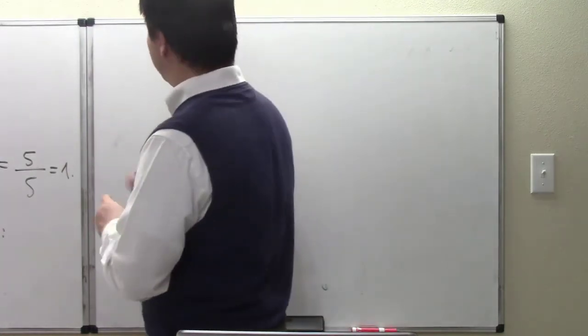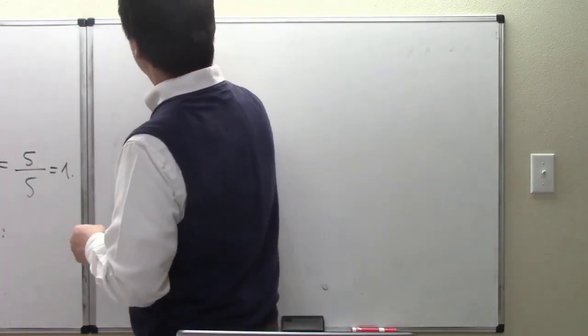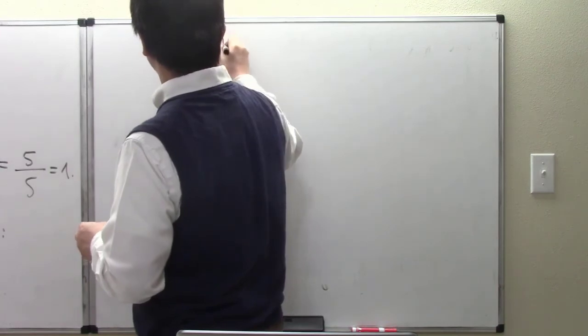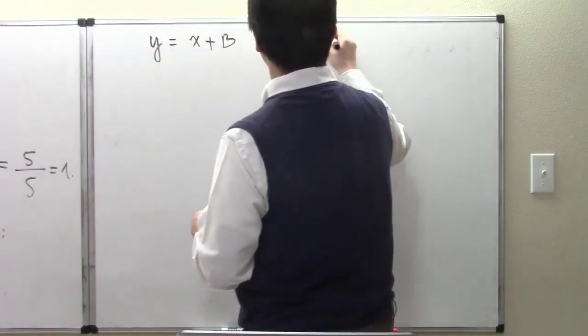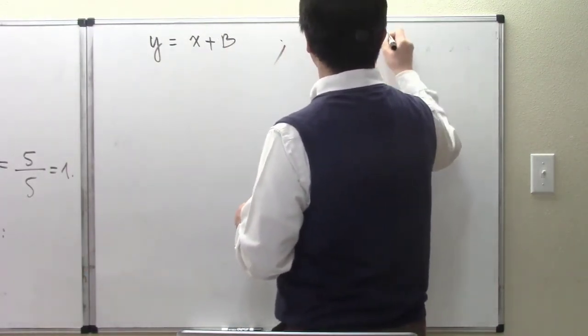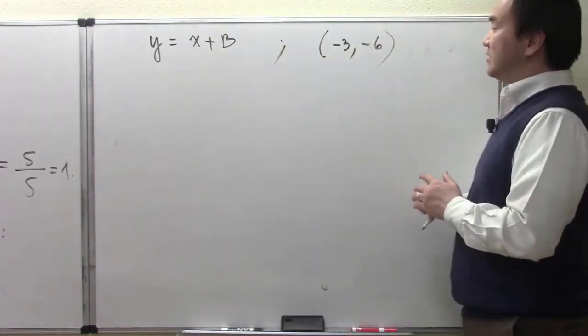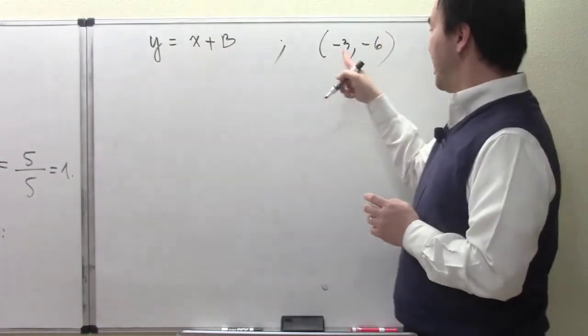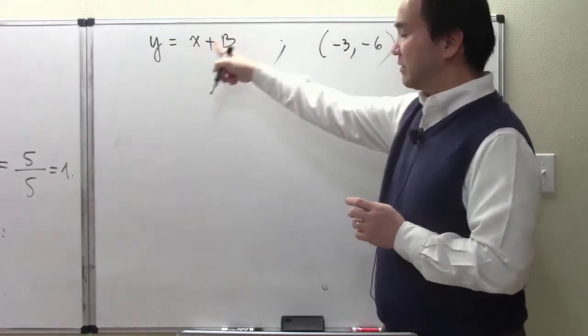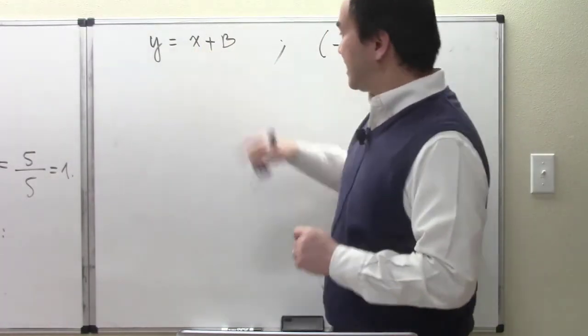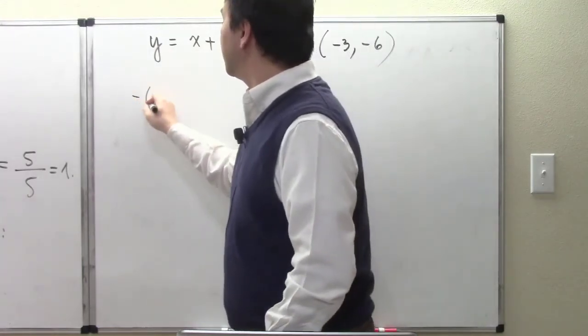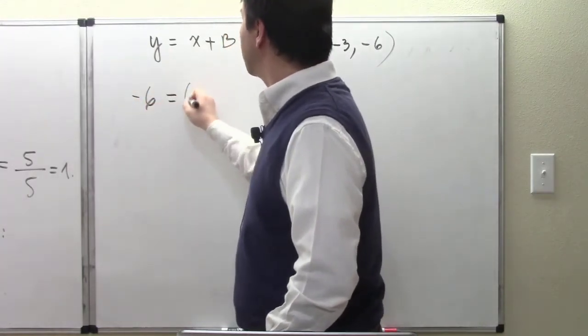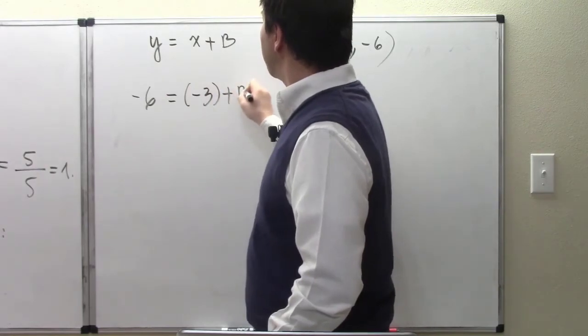Okay, so now with our slope found, y equals mx plus b. Now the tangent point is at -3, -6. Just a quick recall from that. So now I am simply going to substitute for y in the equation, and the x value of the tangent point, substitute for the x value in the equation. Now we're looking at -6 equals -3 plus b right here.